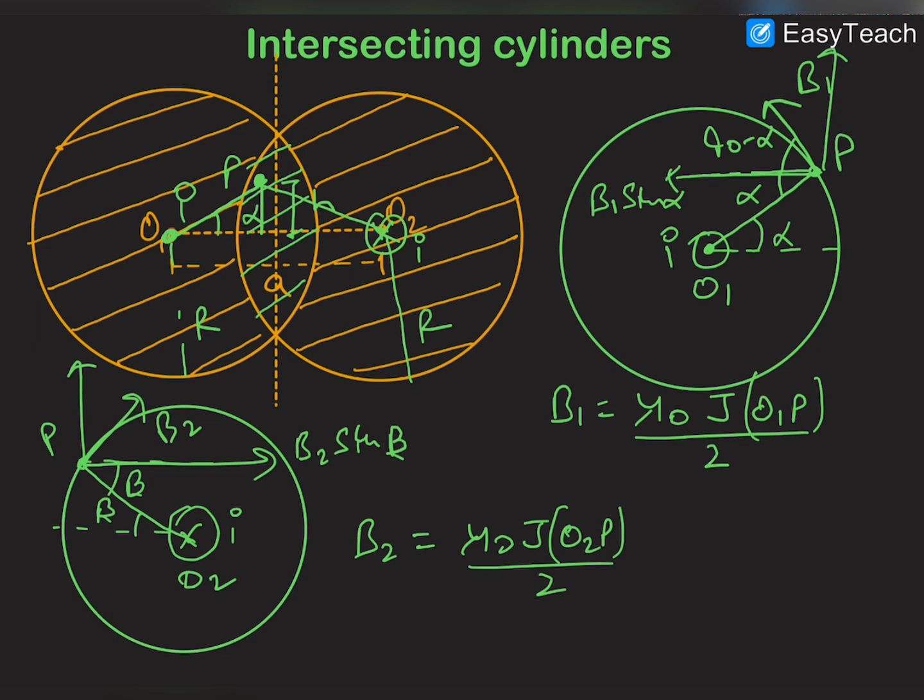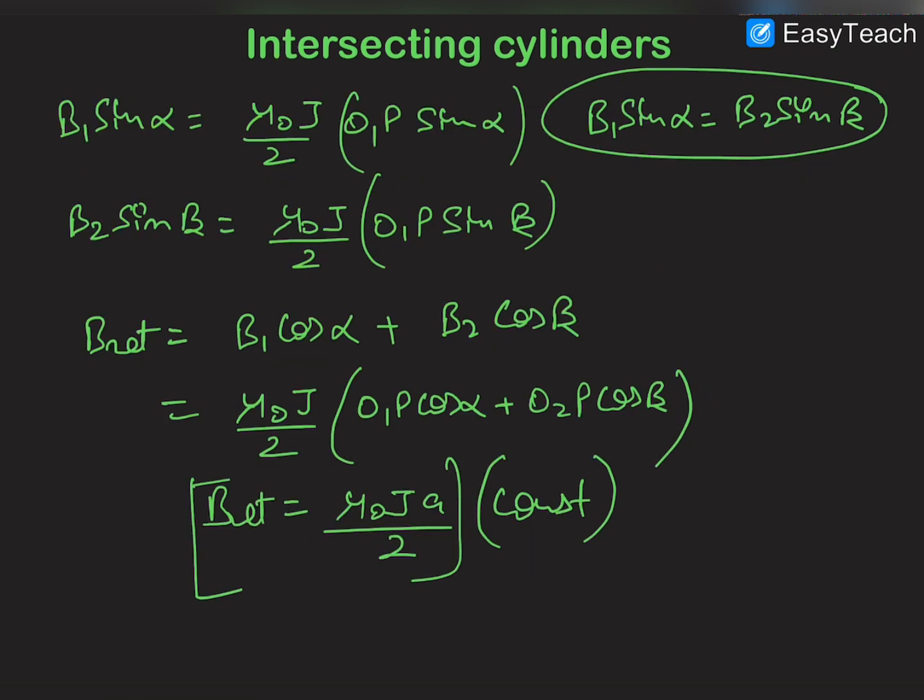So we can say that in this complete intersecting region, the magnetic field is constant, and we can draw a diagram like that.